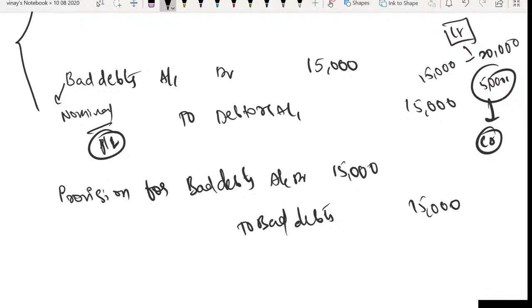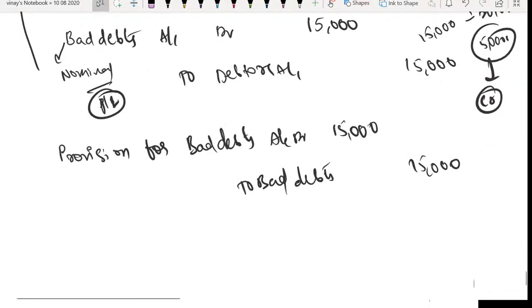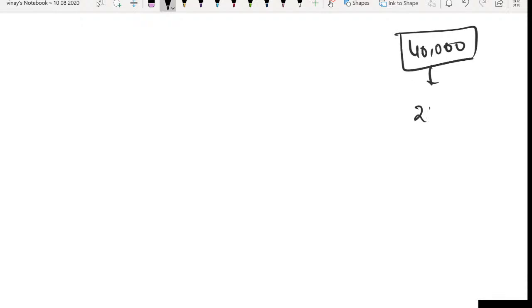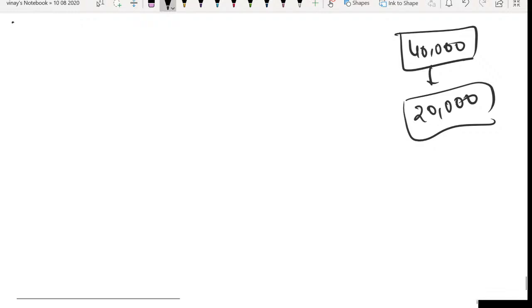And this year also you want to create a provision. You have a debtor of 40,000 rupees, but you are estimating he will not pay 20,000 rupees. Then you want to make a provision. Now you already have a provision of 5,000 rupees in your books.